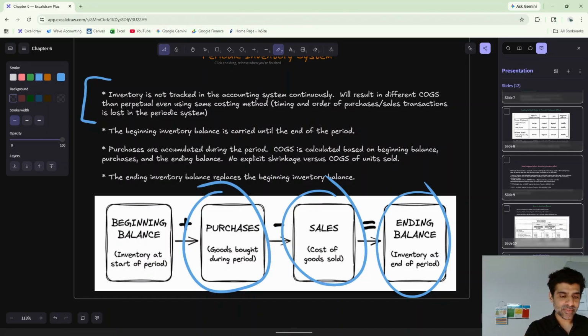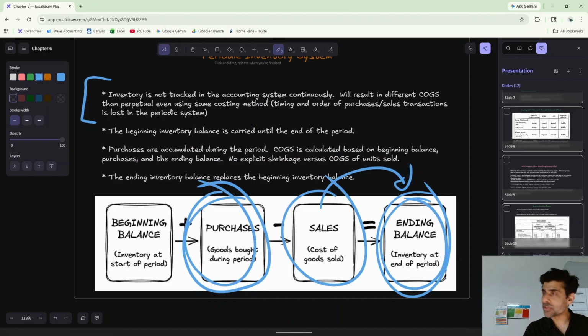Between all these things, you're gonna get your cost of goods sold. You're gonna know how much you purchased from your vendor, and you're gonna use the beginning balance, which is the ending balance from the last period, to calculate this cost of goods sold. So it's kind of what I showed you in that last thing.